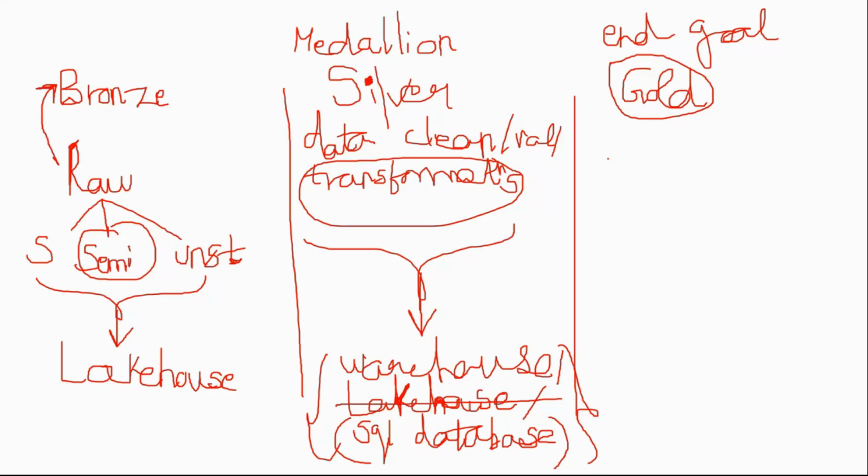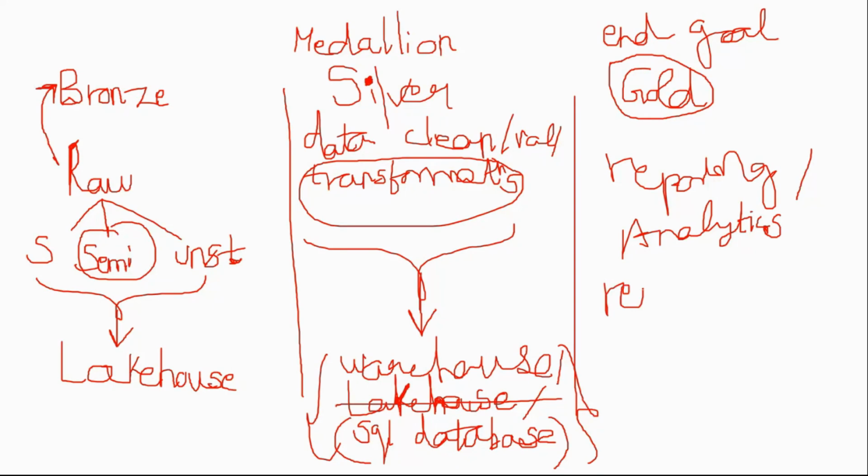Is your end goal reporting and analytics? Or do you want this data to be consumed for some reusability, for future use cases? So depending upon your end goal, you decide what your silver layer has to be.